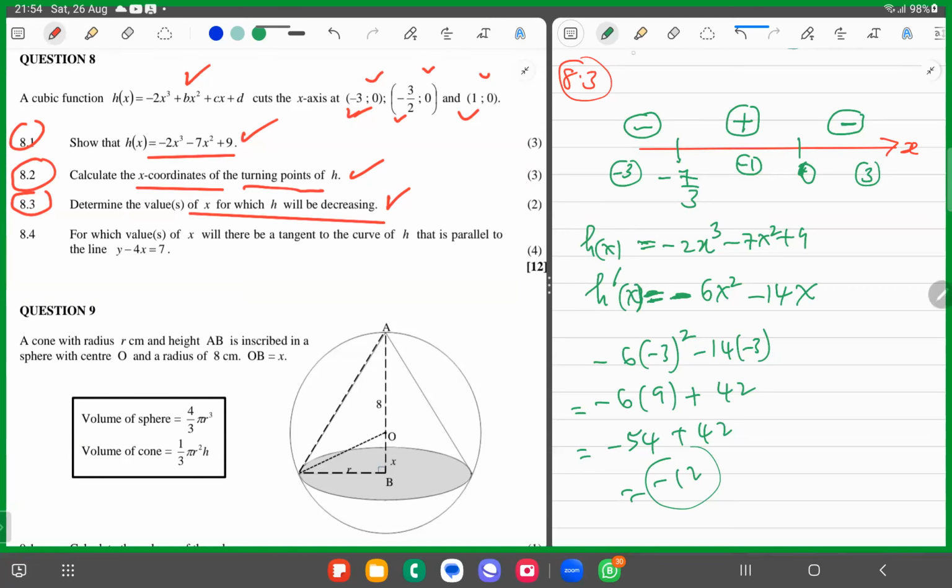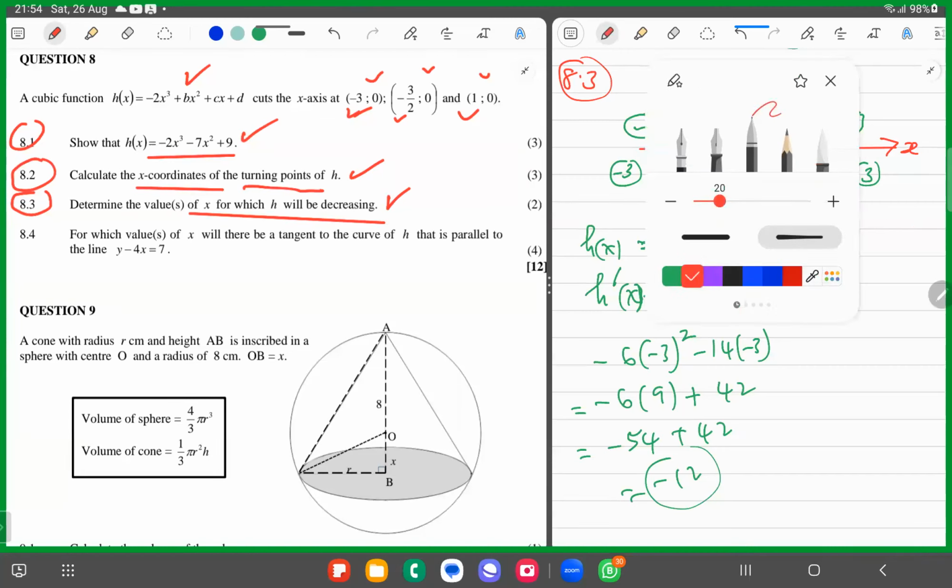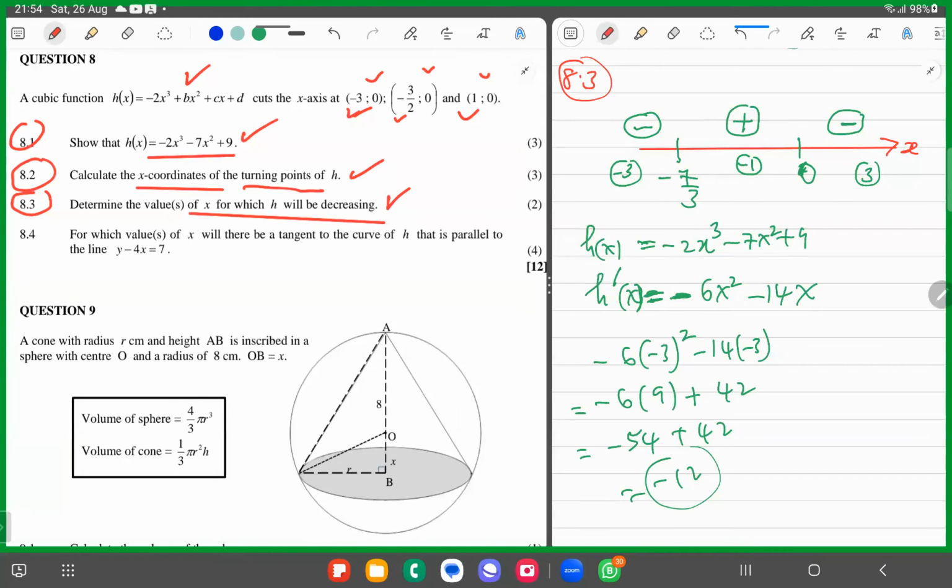So what is the meaning of all these things here? If it's decreasing, the function is decreasing here, it's decreasing there, but the function is increasing here. Because this one here is h prime of x. Determine the values of x for which h will be decreasing.